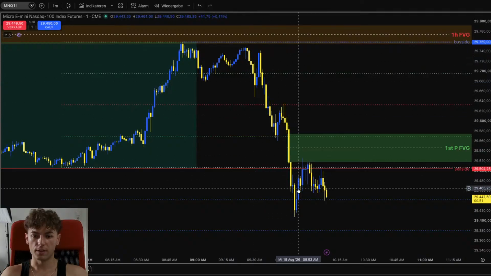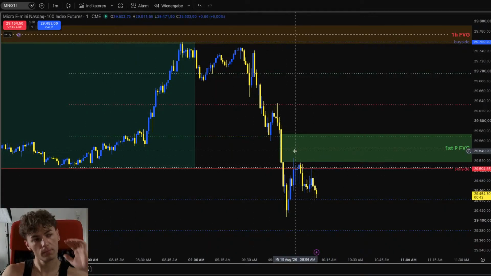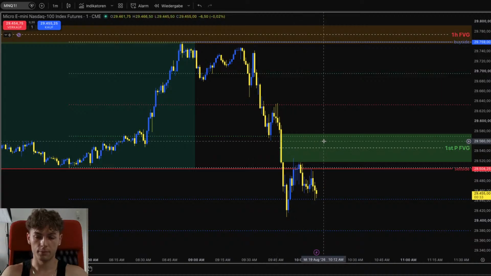We are too far in a discount. We traveled too much towards the downside and already took out sell side. So shorting from here is not optimal, and I'm trying to catch a long.